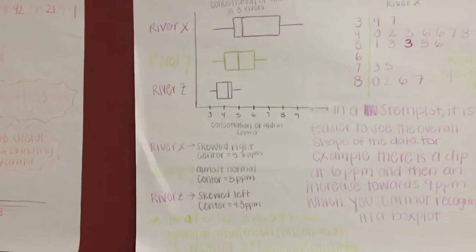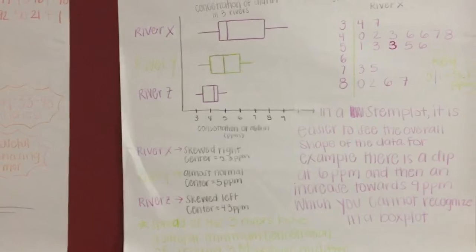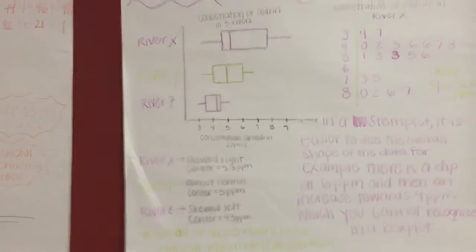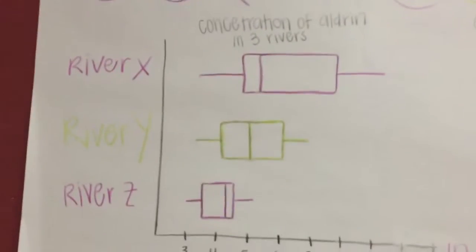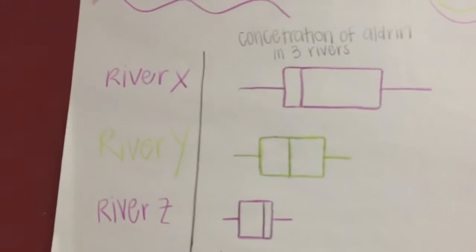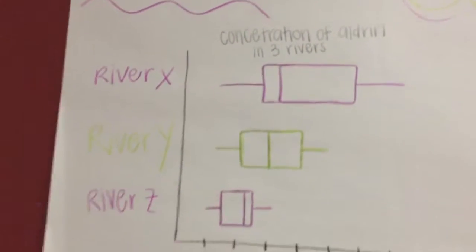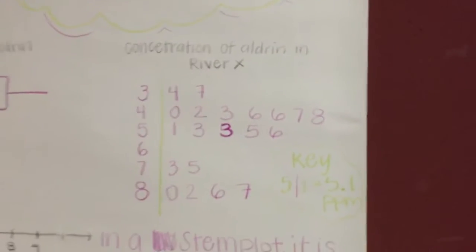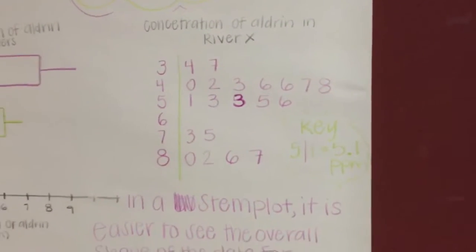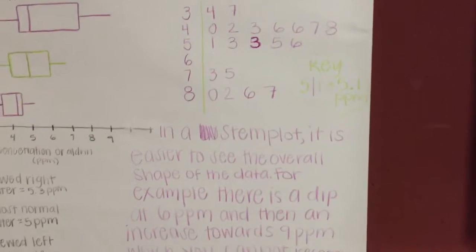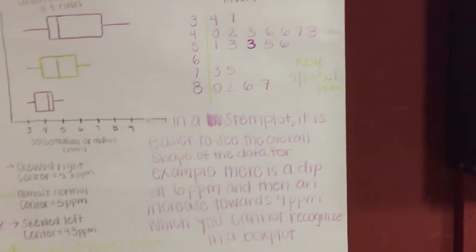Our next task was to construct a stem plot that displays the concentration of aldrin from River X from 20 concentrations of aldrin that we were given. So I put together a stem plot, and in this you are able to see the overall shape of the data a lot better.